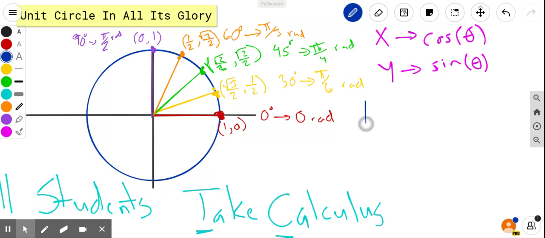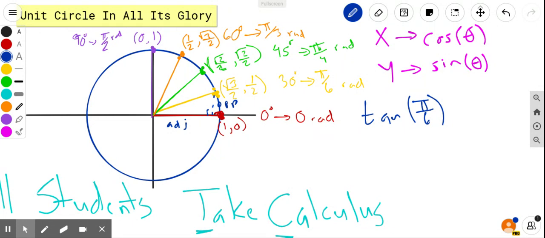Let's say we're trying to figure out the tangent of pi over 6. Right? Well, if you think about this as a triangle, technically I know the opposite side and I would have the adjacent side. Right? And tangent is the opposite over the adjacent.